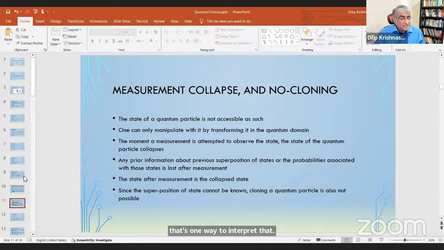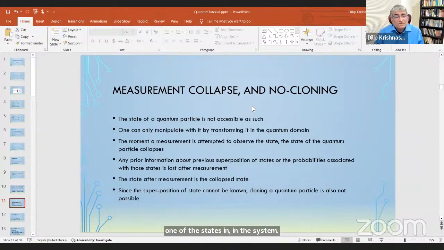Now, these photons can be in a superposition of states, and if you observe it, then it collapses to one of the states in the system.